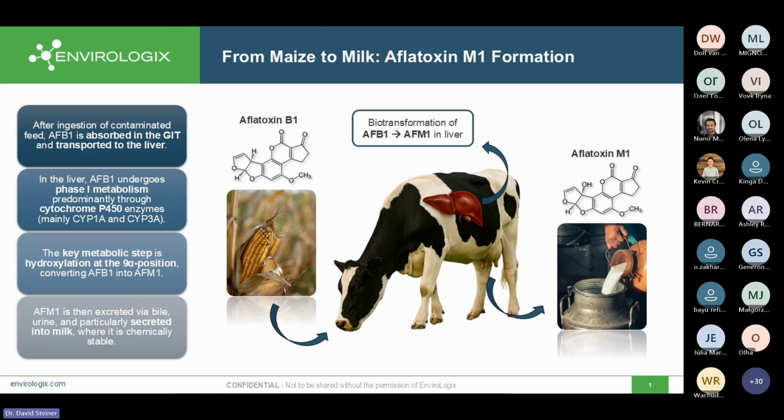While this fraction seems small, continuous intake of contaminated maize can result in milk concentrations exceeding the regulatory limits. This makes the maize-milk pathway a critical link for human exposure.